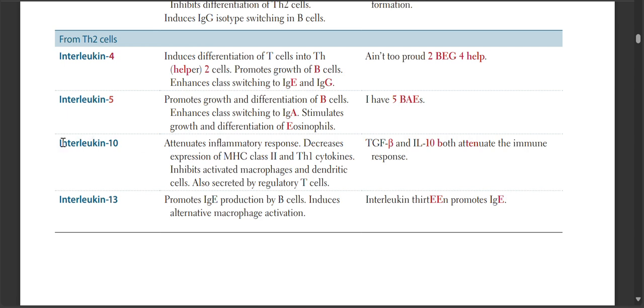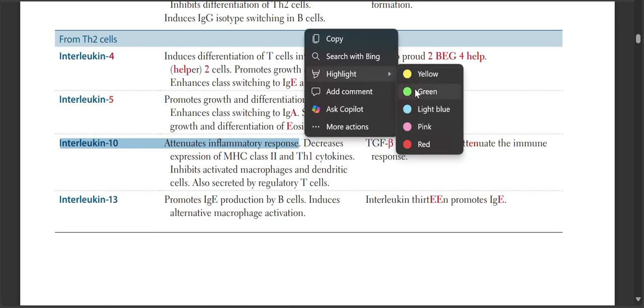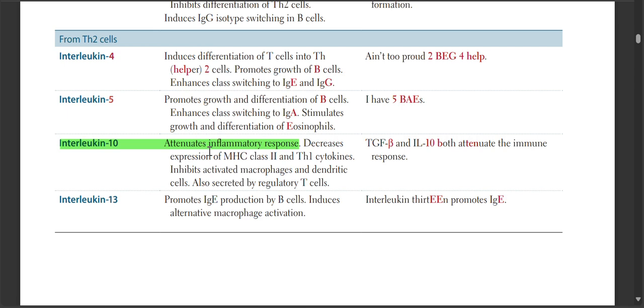This one is also important, because this is one of the only interleukins which can halt inflammation. So these are the two: tumor growth factor beta and interleukin 10, which can both reduce the inflammatory response.